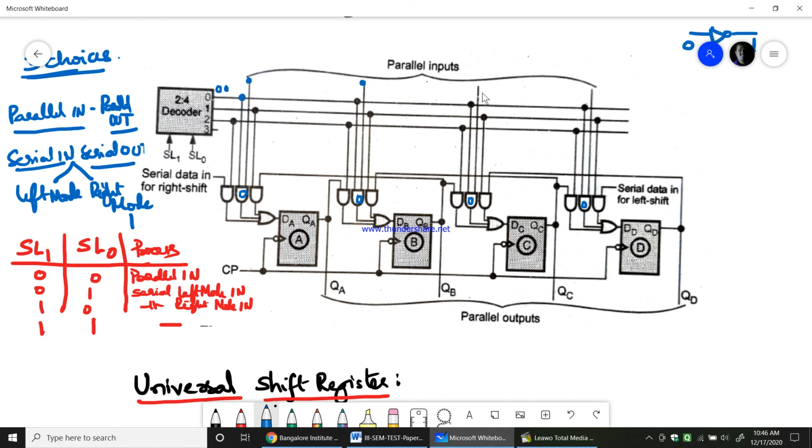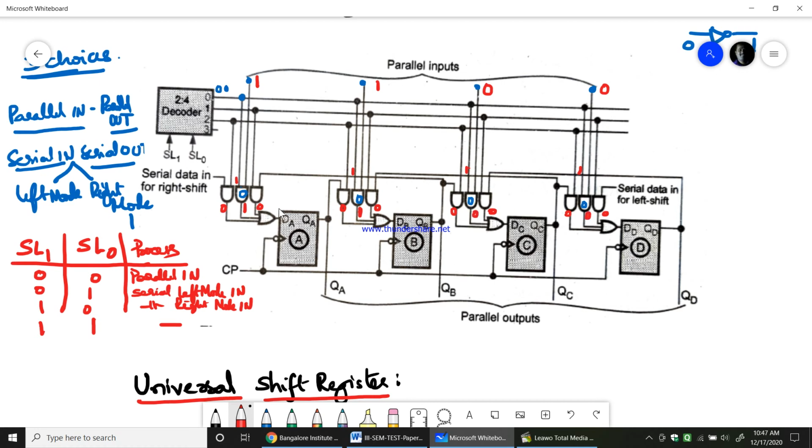Therefore, these 2 AND gates are deactivated, so their outputs will be 0 0. Now you give parallel inputs as 1 1 0 0, for example. That 1 will come here and get ANDed with 1 which is given through the decoder. Therefore, 1 ANDed with 1 will give 1, 1 ANDed with 1 will give 1, 0 ANDed with 1 will give 0, 0 ANDed with 1 will give 0.